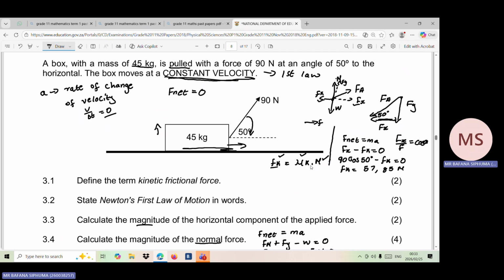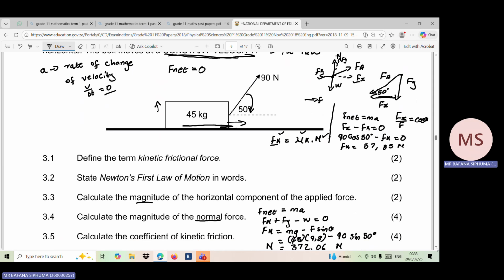newtons right there. And then I want the coefficient of kinetic friction. I'm going to see what my normal force was again. What is my normal force?